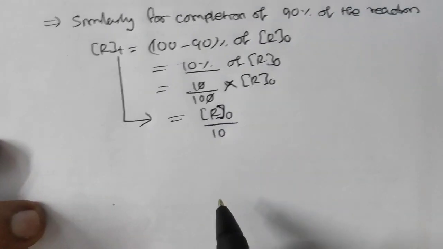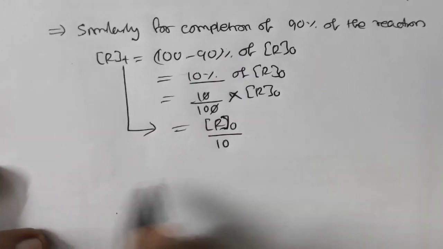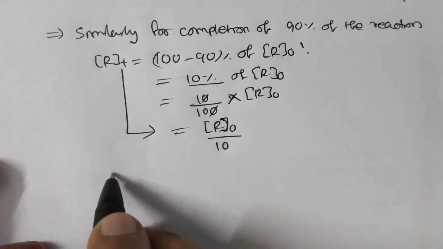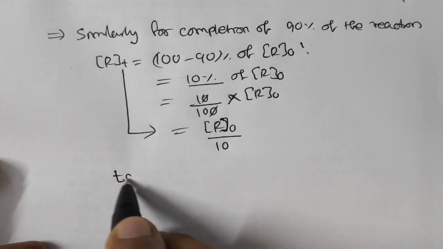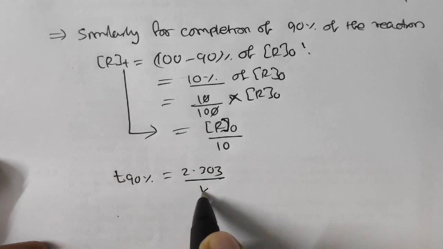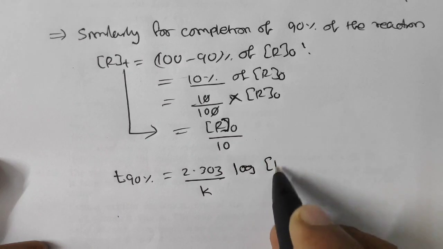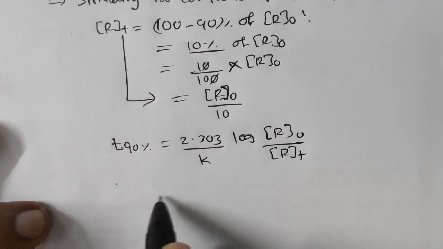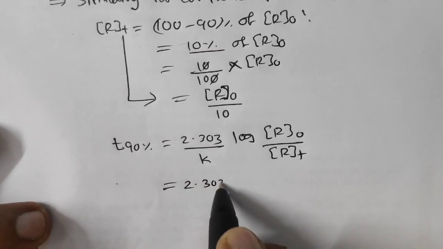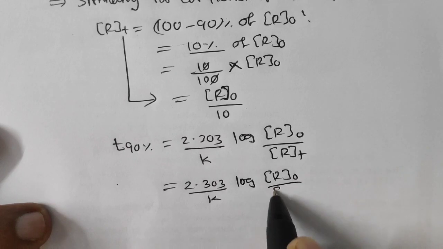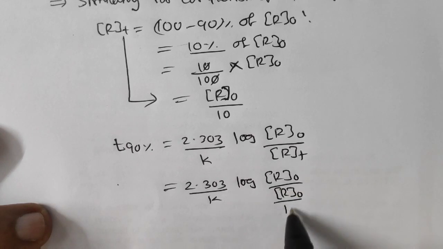Now we will substitute the values. I will write directly t90% is equal to 2.303 by K log R0 by Rt, which is equal to 2.303 by K log R0 upon R0 by 10.